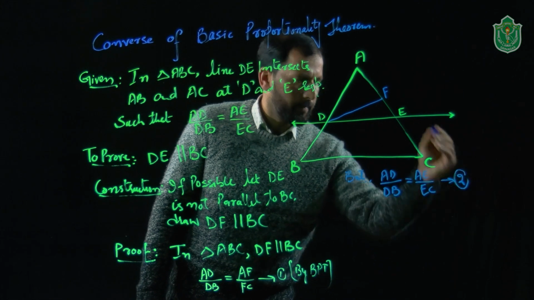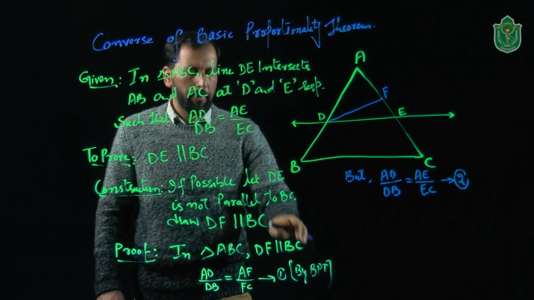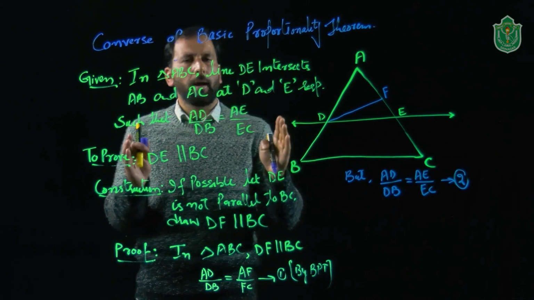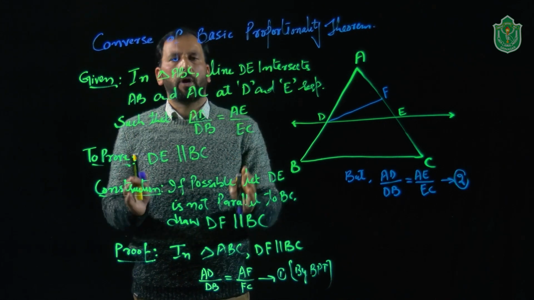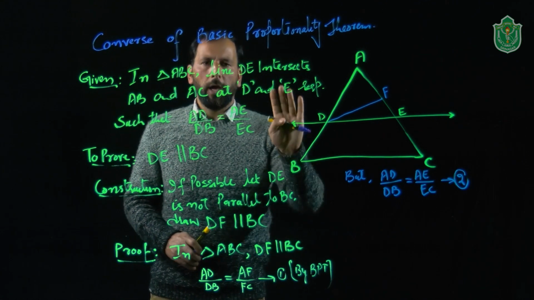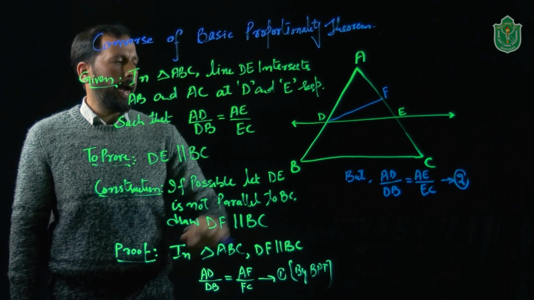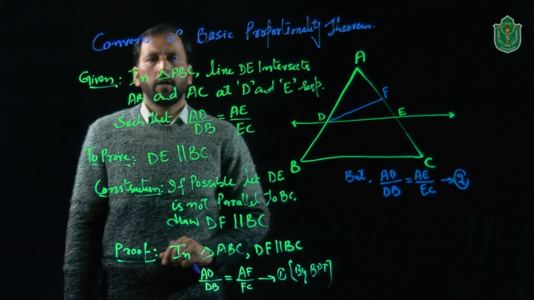It is given. When we compare equation 1 and equation 2, we observe that the left hand sides of both equations are equal. The left hand side of the first one is AD divided by DB, and the left hand side of the second one is also AD divided by DB.